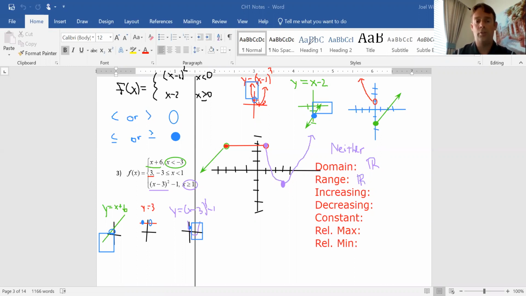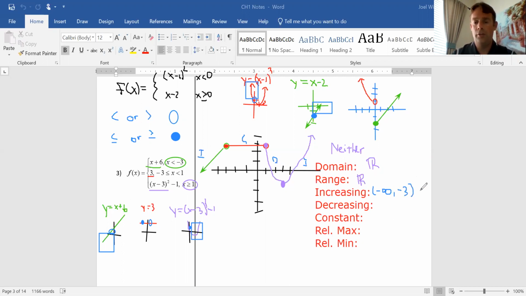Increasing, well, let's see if we can't go through and just mark off all the pieces here. So this is an increasing part here. I have a constant here. I have a decreasing here. And I have increasing here. So increasing goes from -infinity to -3. It's a parenthesis.